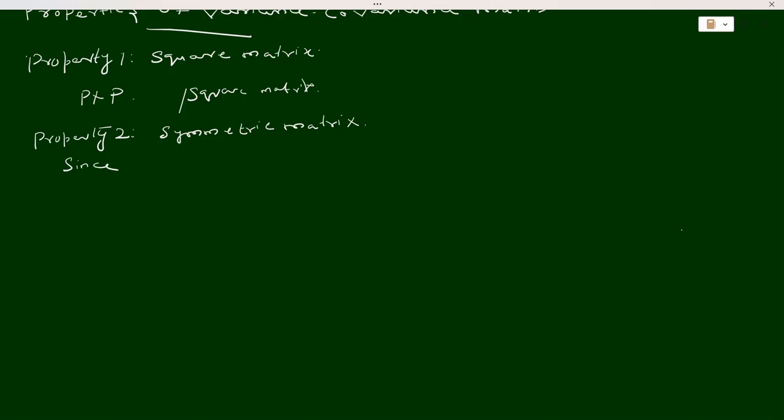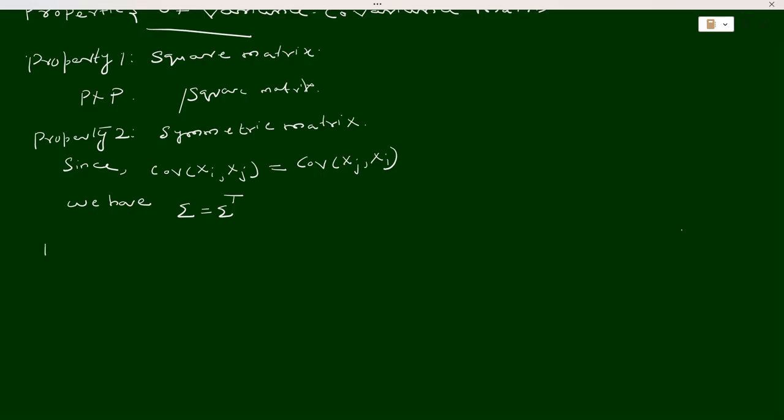Since covariance of xi comma xj is equal to covariance of xj comma xi, we have sigma equal to sigma transpose. Hence, the covariance matrix is symmetric.